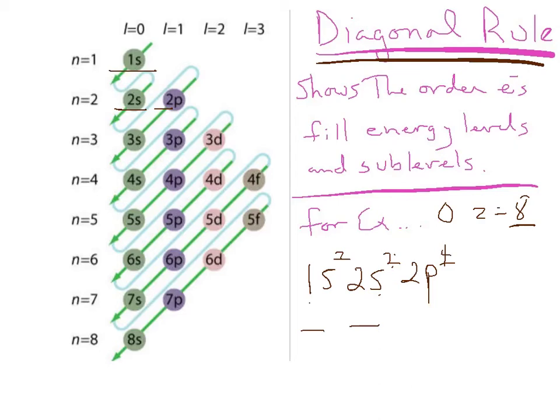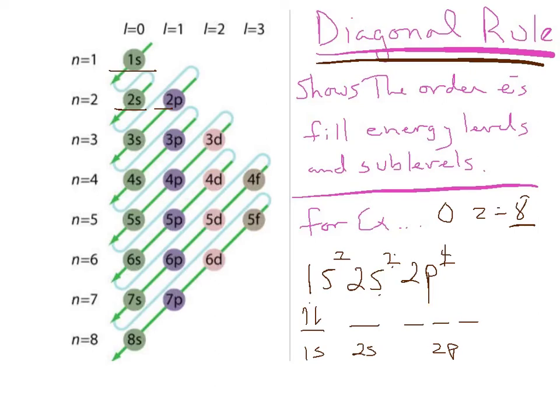The other way I can show this is by an orbital filling diagram. Here, each line represents an orbital. I have 1 orbital in the 1s, 1 orbital in the 2s, and 3 orbitals in the 2p. Here we use an up arrow and a down arrow to represent the electrons. The up and down represents the spin that each electron has.